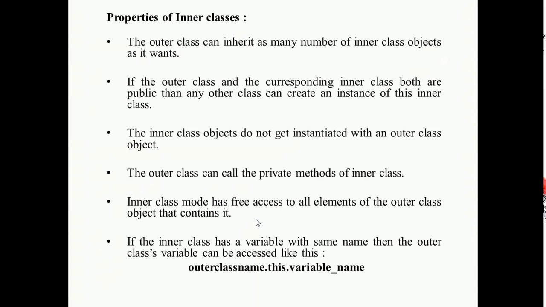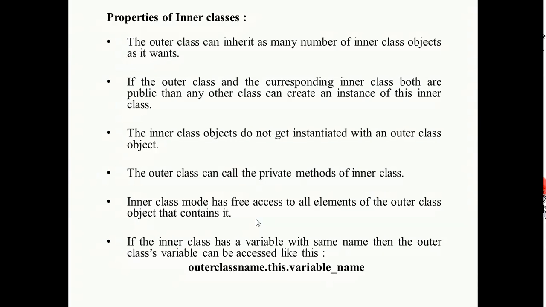See some properties of the inner classes. The outer class can inherit as many inner class objects as it wants, meaning the outer class inherits the objects of the inner class. If the outer class and the corresponding inner class are both public, then any other class can create an instance of these inner classes.